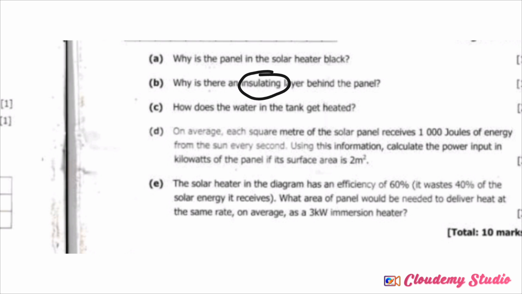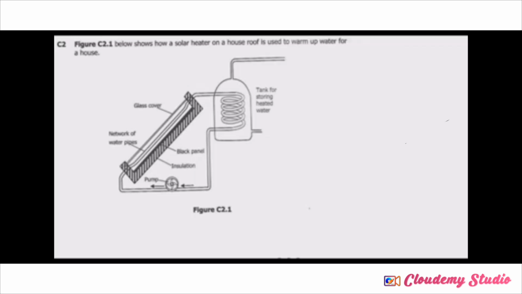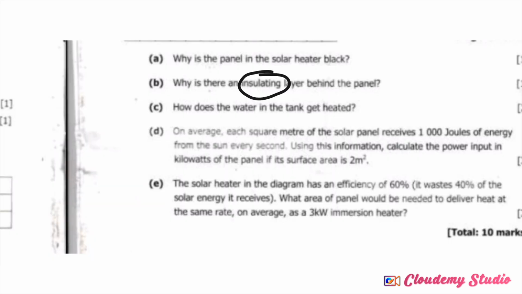Then C, how does the water in the tank get heated? We know heat is transferred by 3 different processes: radiation, convection, and conduction. If we look at this diagram, we have the black layer there, which is there to absorb. By the look of things and how it is made, heat is transferred from the source to the water inside by conduction.